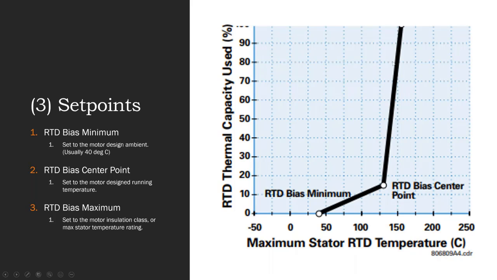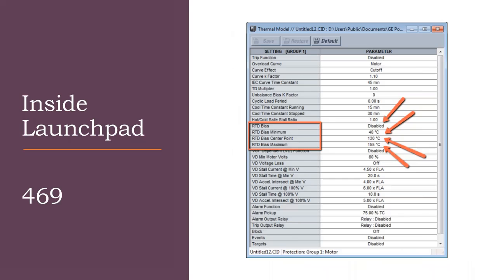We are moving along this line, basically. As the temperature goes up in the stator, we are moving along this line. And these equations will help us compute the thermal capacity used in the RTD bias mode.